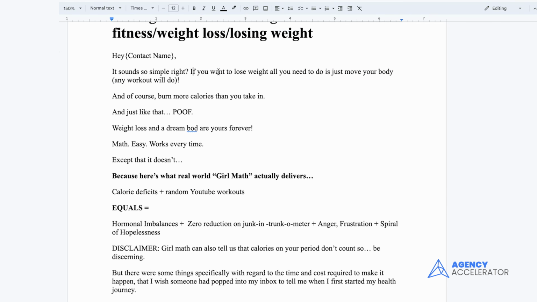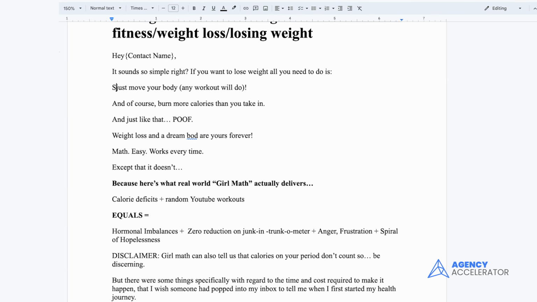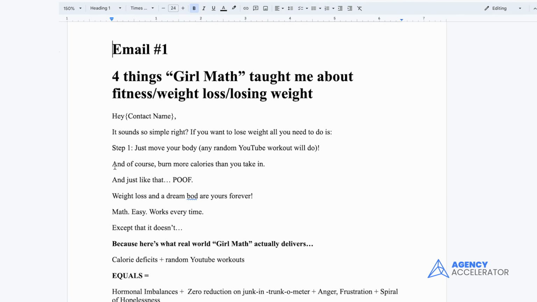It sounds so simple. If you want to lose weight, all you need to do is step 1, just move your body. Any random YouTube workout will do. Whoopsie. Step 2.